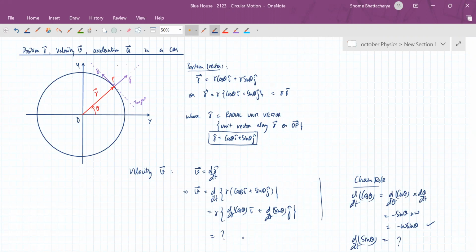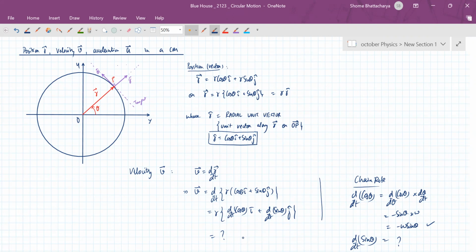Here by velocity, you mean the angular one? Okay, sir.